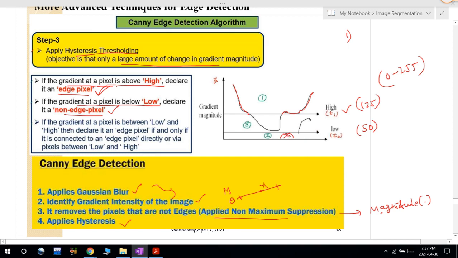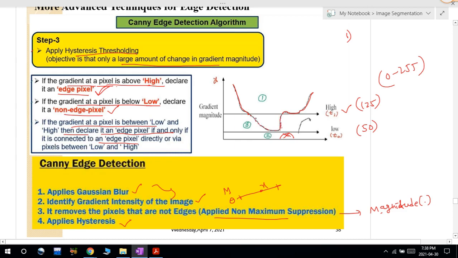But what is the criterion if the gradient of the pixel is between the low and high value? Then I can declare it as an edge pixel if and only if it is connected to an edge pixel directly. These are all the edge points which are between low and high values.